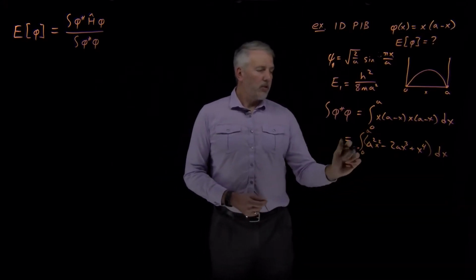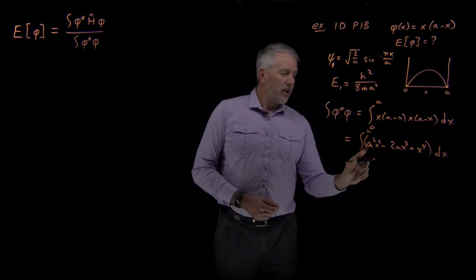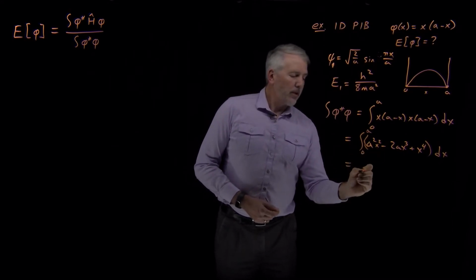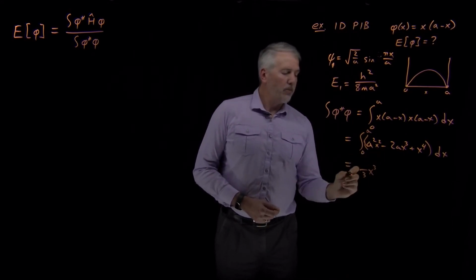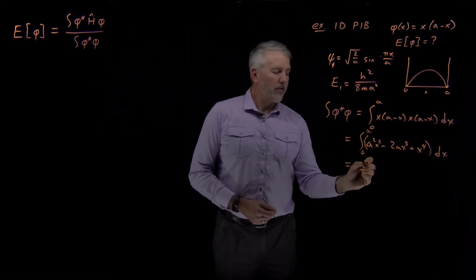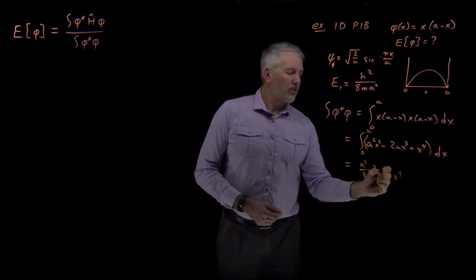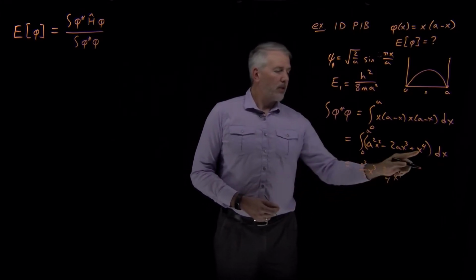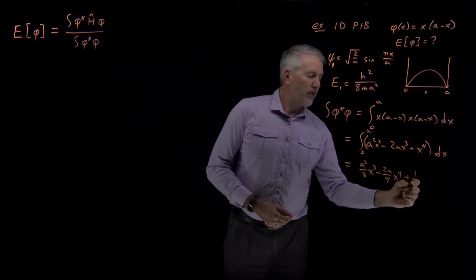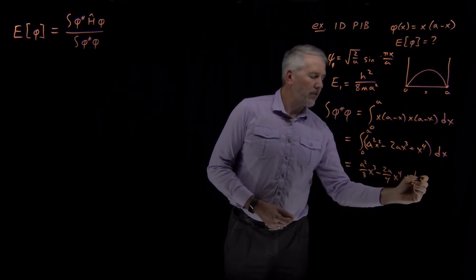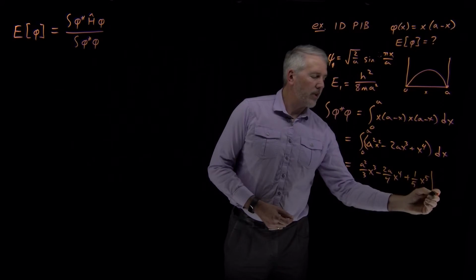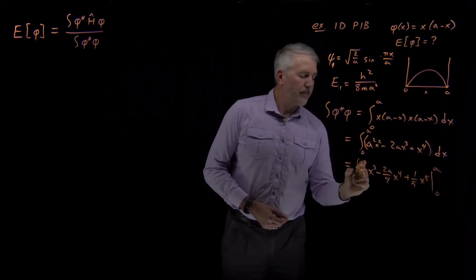So the integral of a polynomial: the integral of x squared is 1/3 x cubed, and I've still got an a squared in front of that. The integral of x to the fourth is 1/4 x to the fourth with a minus 2a. The integral of x to the fifth is 1/5 of x to the fifth, and that whole thing is evaluated between 0 and a.